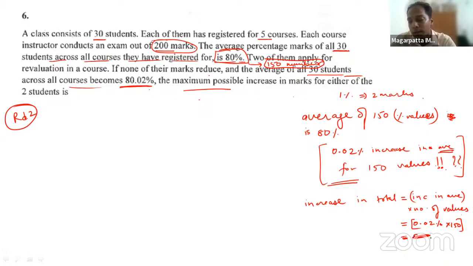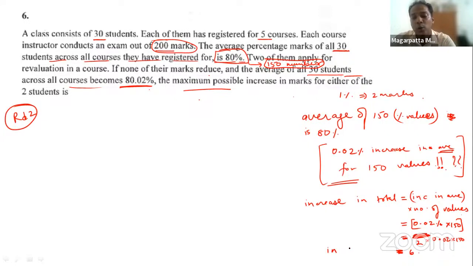0.02 percent, right? That's percentage, and the percentage is out of 200. So 0.02 into 150, and each percentage is 2 marks. So ultimately it simply means 2 into 150, that is 300, into 0.02, which comes out to be 6.